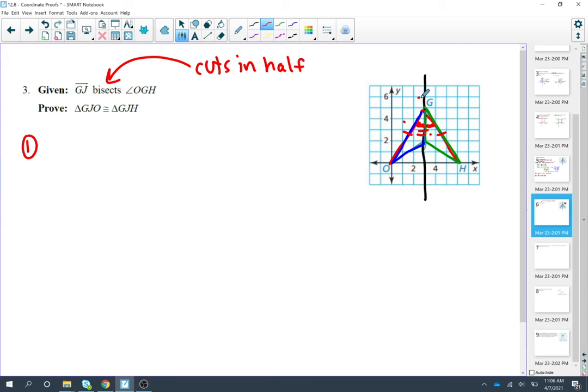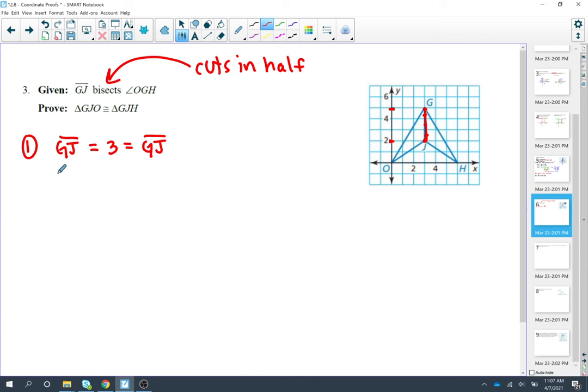So I'm going to prove that GJ is congruent to itself. GJ is equal to 1, 2, 3, because we went from 2 up to 5. So that equals 3, which on that one you can just count. So I know that one of my sides are congruent.